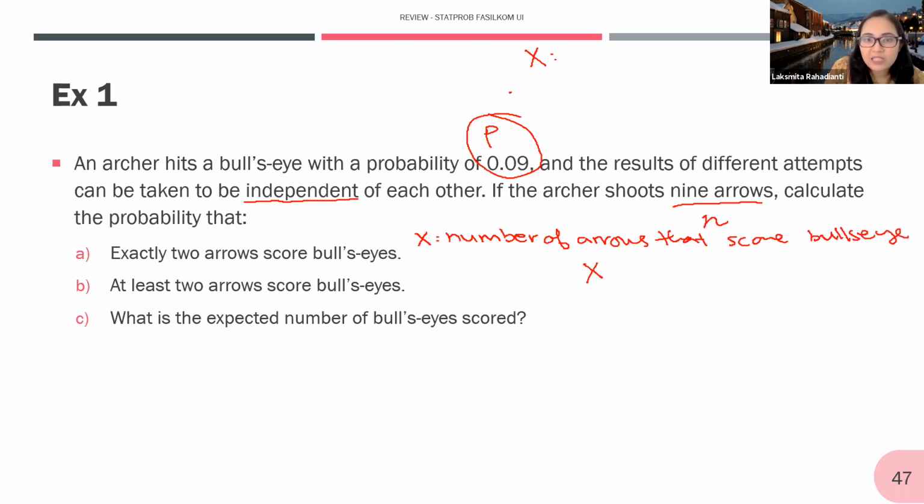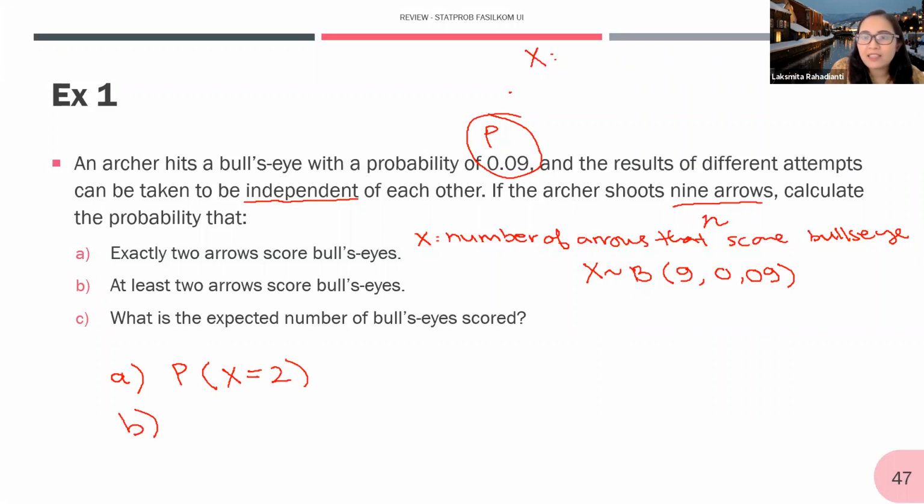And I know that X will follow a binomial distribution with 9 attempts, and each attempt has a probability of 0.09. Thus, for A, what I want to compute is the probability of X being equal to 2.